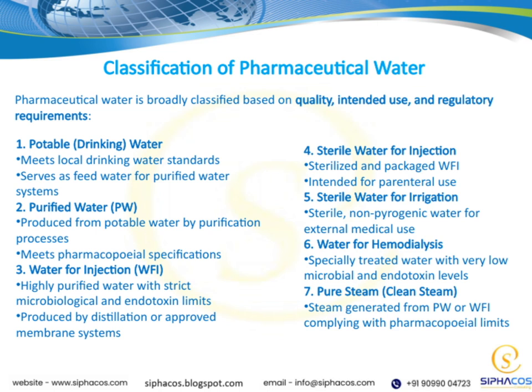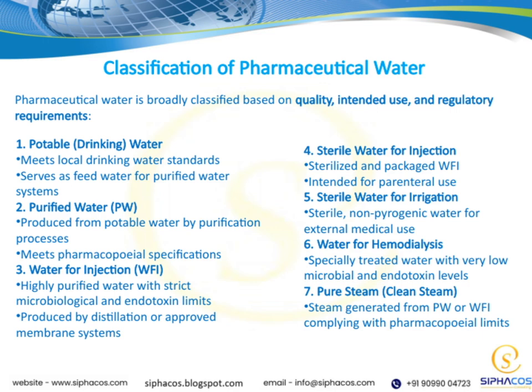There's also sterile water for irrigation, which is sterile and non-pyrogenic, designed for external medical applications like wound cleaning or surgical procedures. Water for hemodialysis is another specialized type. It's specially treated to have very low microbial and endotoxin levels, ensuring it's safe for patients undergoing dialysis.